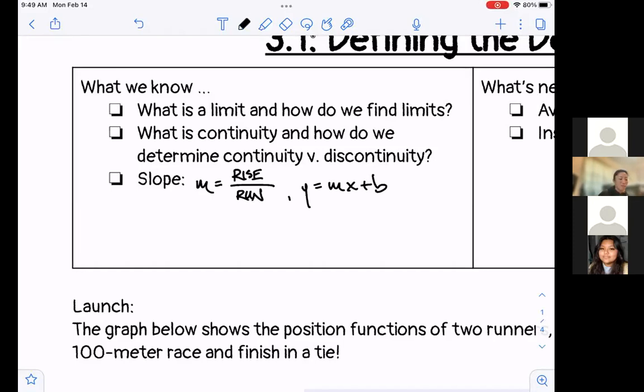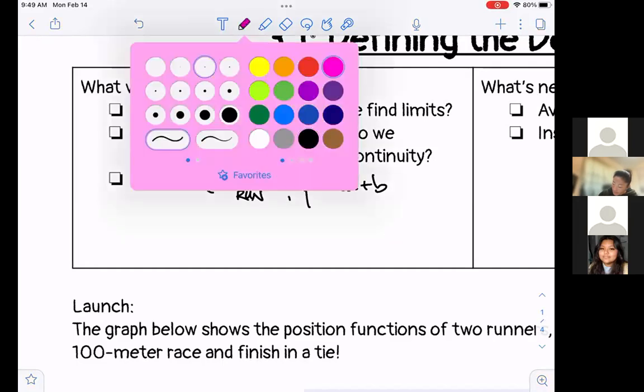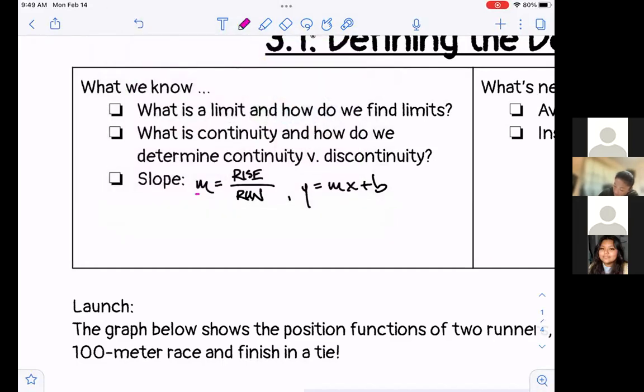What's the m stand for here and what's the b stand for? Right, m is the slope, exactly. And b is our y-intercept.